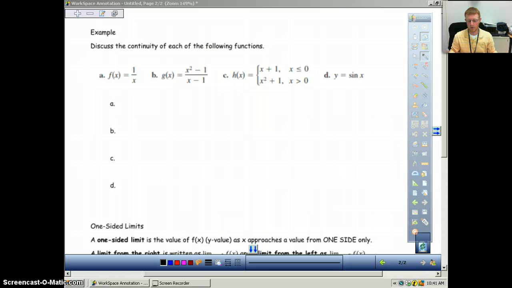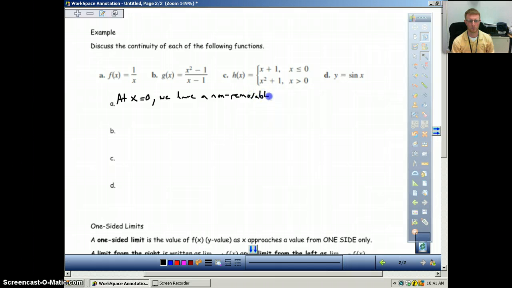So I know that the bottom of a fraction cannot be 0. So what we can say here is that at x equals 0, there's an asymptote. It's a non-removable discontinuity, which is also the same thing as an asymptote.